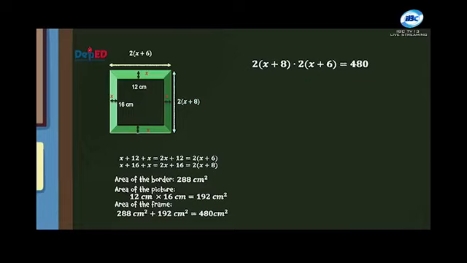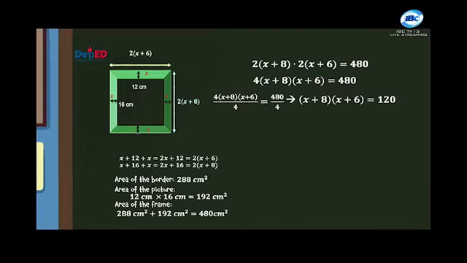This can be expressed as 4 times the product of the binomials x plus 8 and x plus 6, which is equal to 480. Now, if we divide both sides by 4, it will result in the equation x plus 8 times the binomial x plus 6 equals 120. In standard form, it should be written as x squared plus 14x minus 72 equals 0.